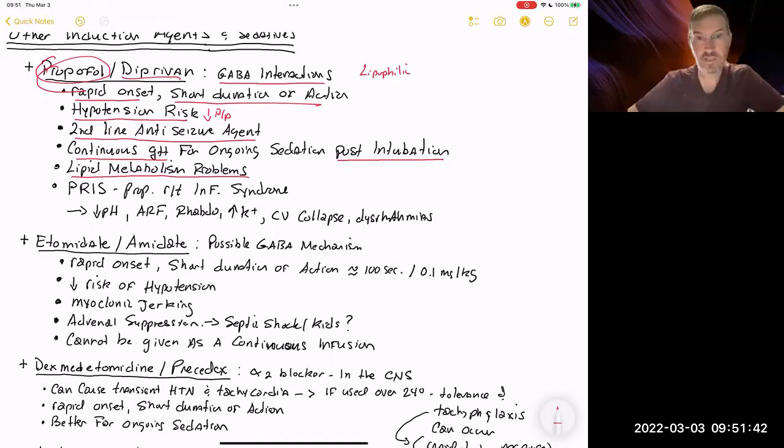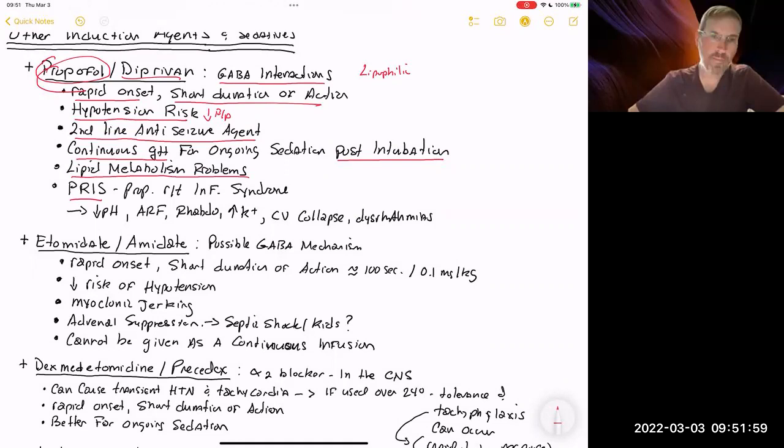In addition to the risk for hypotension, there's something called PRIS, which stands for propofol-related infusion syndrome. This tends to be people that are on propofol for an extended period of time, greater than 24 to 48 hours.